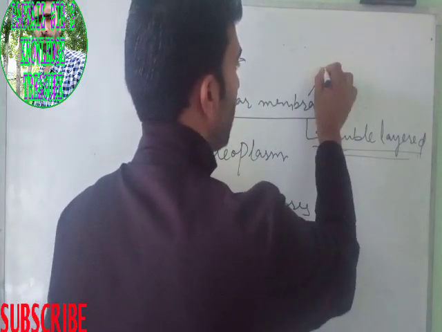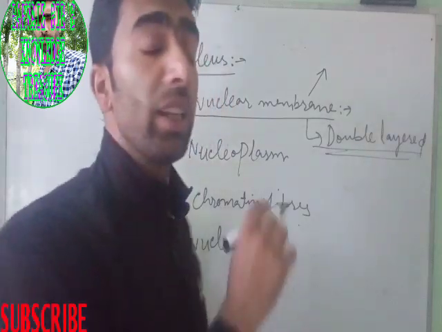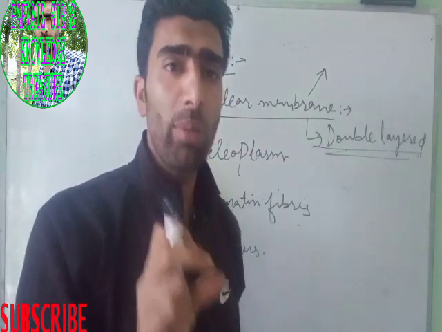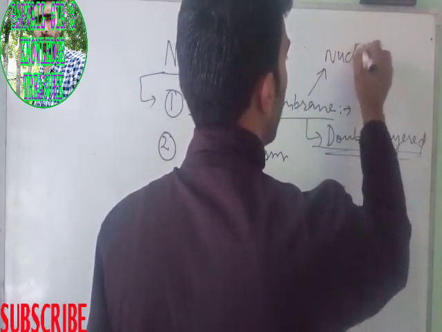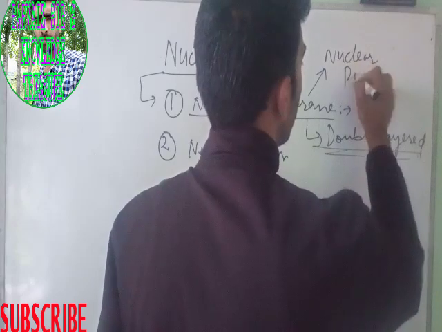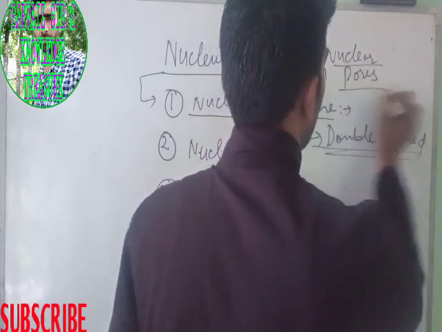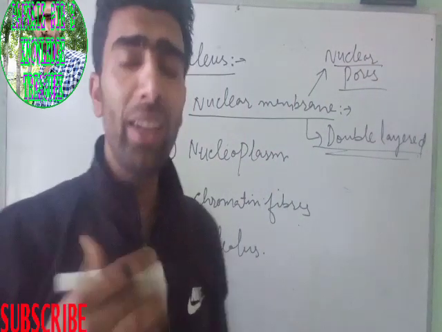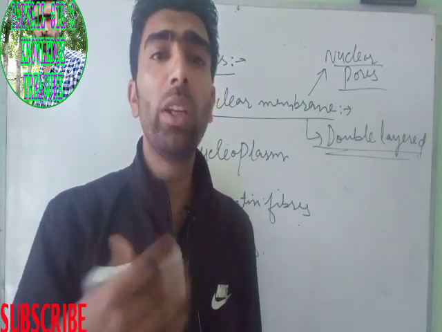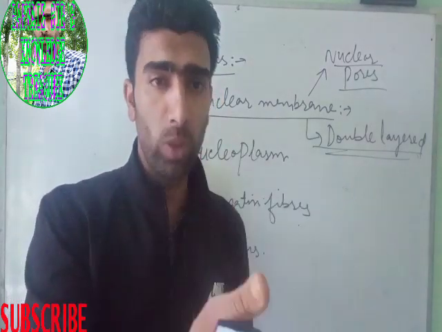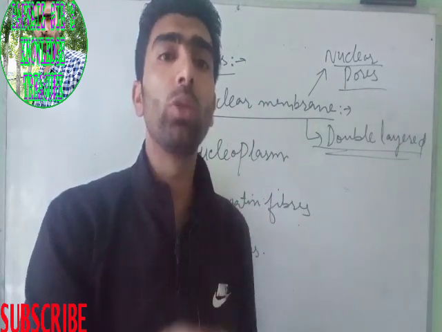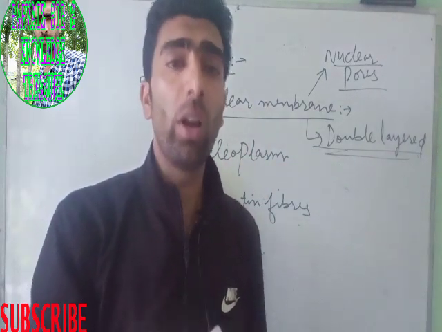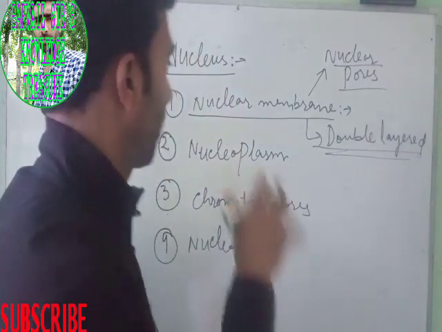This nuclear membrane has pores, and those pores are called nuclear pores, and these help in the transport of materials from the nucleus to the cytoplasm and from the cytoplasm into the nucleoplasm or into the nucleus.